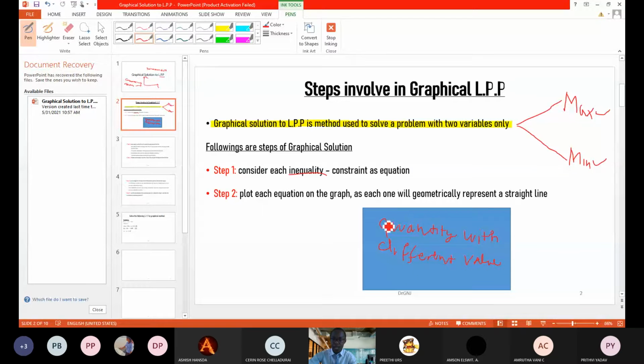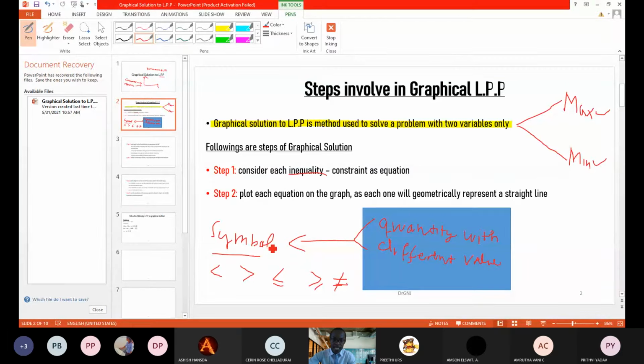Example. We can give some examples. We have some symbols for this one. The symbols which we use here are greater than, lesser than, lesser than or equal to, greater than or equal to, or the opposite of them.